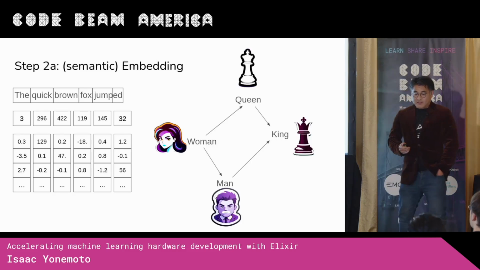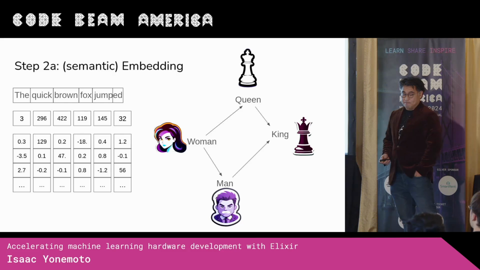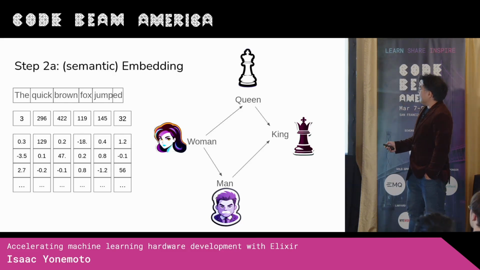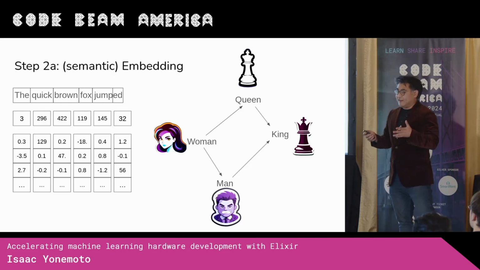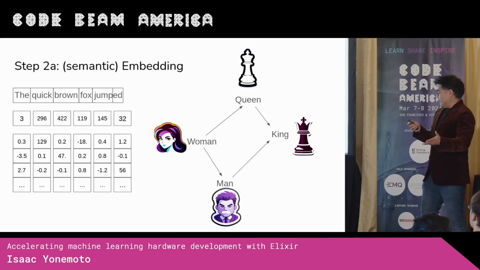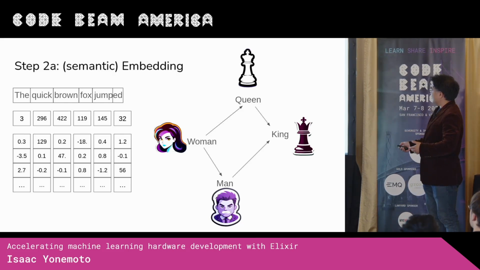Okay, I call this semantic embedding because if you imagine the linear space of all of these vectors, they have these weird additive relationships. The canonical example is that the vector between woman and queen is the same as the vector between man and king. So if you take the vector king and subtract the vector queen, that's the same vector as if you take the vector man and subtract the vector woman.